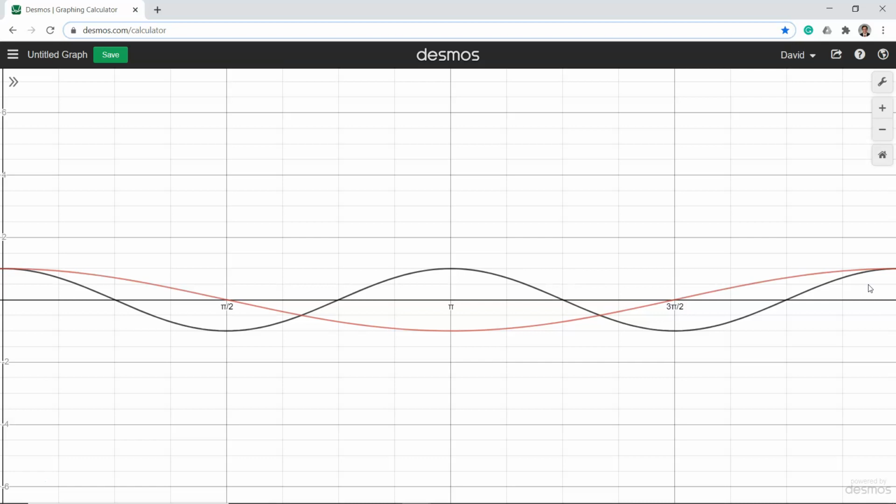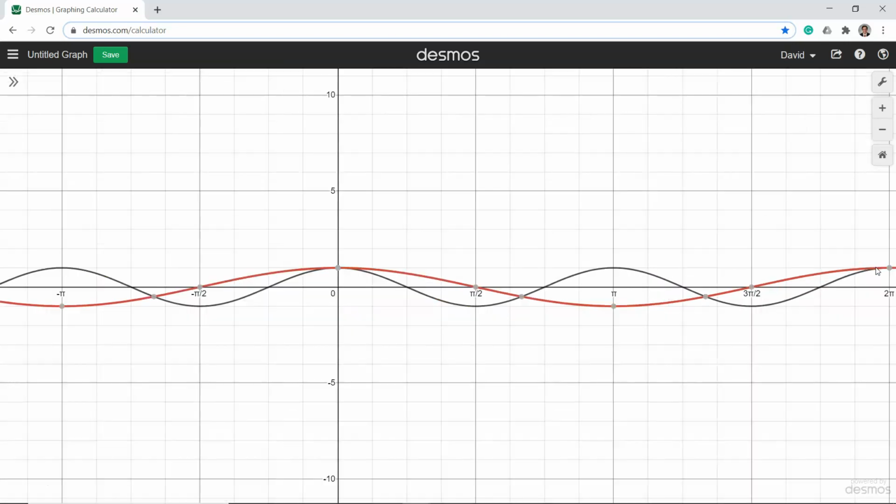So by multiplying our input by 2, we have halved the period. So the period of this function is no longer 2 pi. If we look at the red one, its values repeat after 2 pi. That's what I'm trying to say.